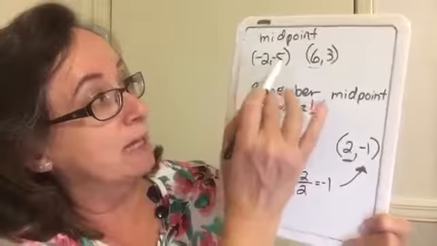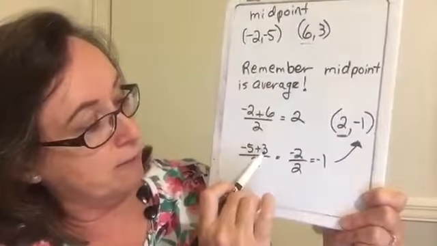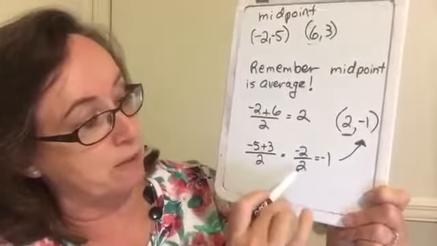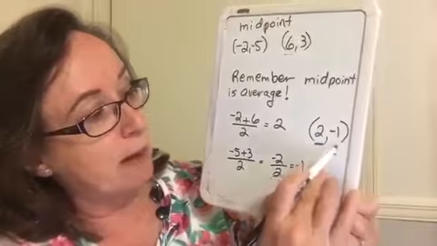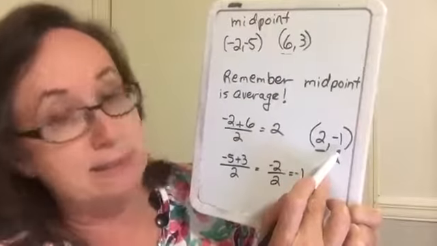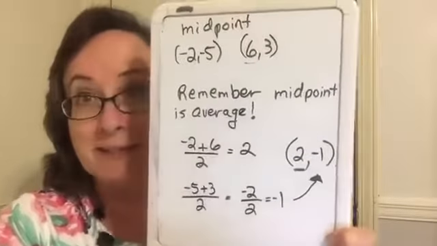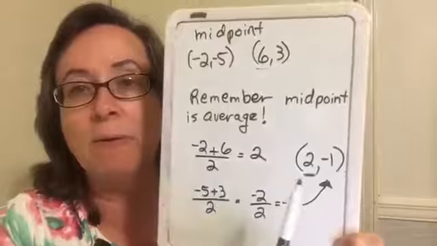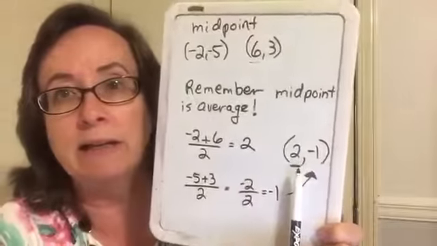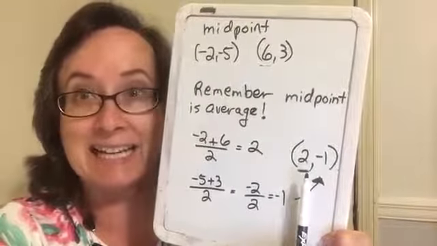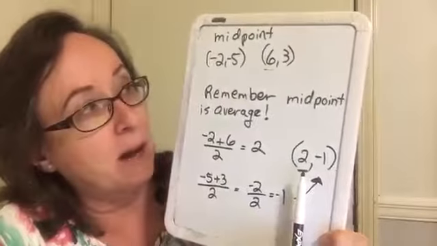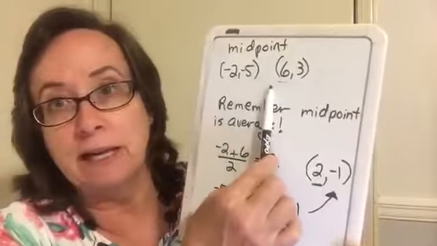And then we add the -5 and the 3 together. And we get a -2 divided by 2. We get a -1. So the Y value of the midpoint is -1. Okay, so now hopefully when we graph it, this point 2, -1 will be exactly halfway from -2, -5 to 6, 3.